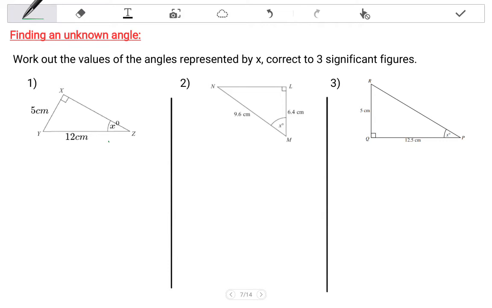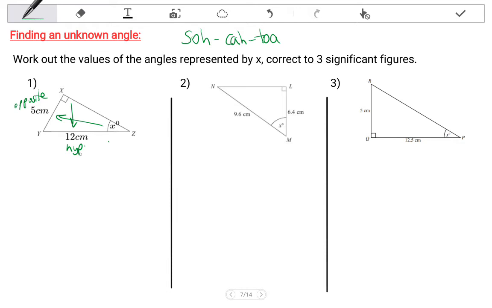I'm going to label the sides according to the angle x, and 5 is the opposite side, and 12 is the hypotenuse. Then I'm going to write somewhere SOH CAH TOA. This is going to help me to decide whether sine, cosine or tangent is going to be useful in my question.